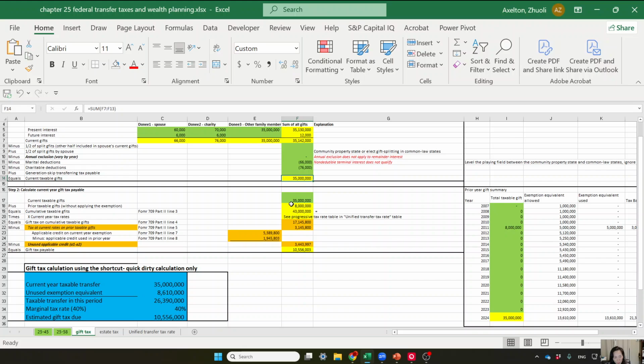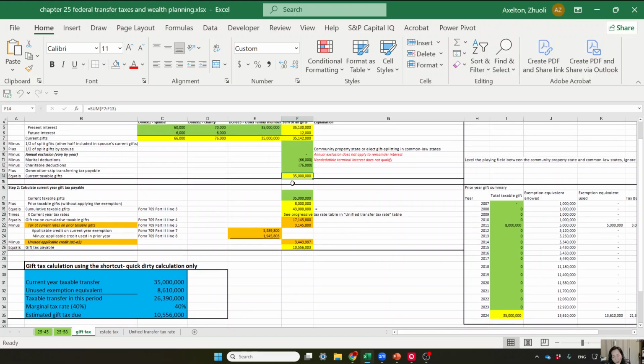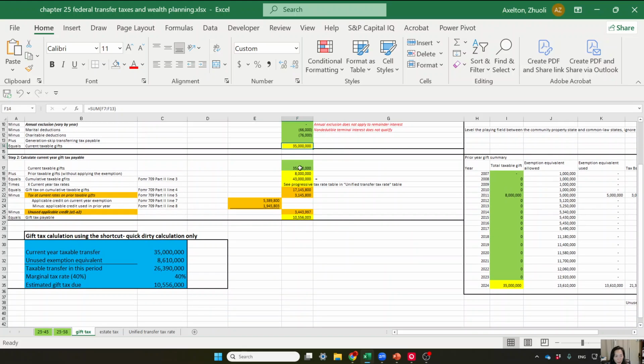Once we have the taxable gifts, then we can move on to the gift tax calculation. Again, there's a lot of steps involved in calculating the gift tax. Once we have the current taxable gifts, we're going to add on the prior year taxable gifts. Again, this is a reflection of the gift tax being assessed on a cumulative basis. Then we have the total cumulative taxable gifts.